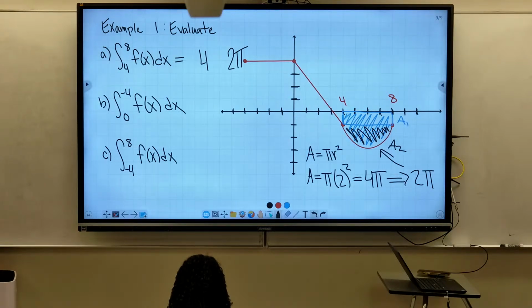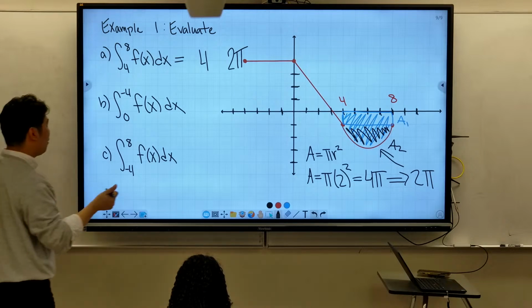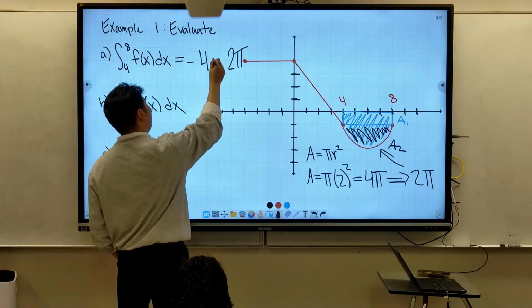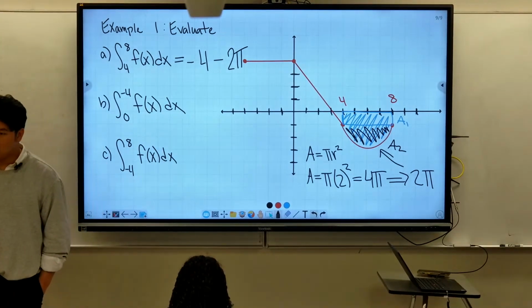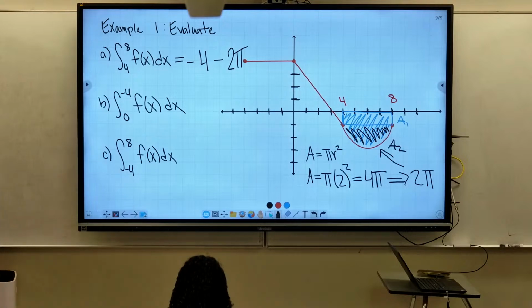So negative. Yeah, both of those areas are negative. That's why I left the space, it's actually going to be -4 minus 2 pi. So whenever we're doing integrals, whenever I take area underneath the x-axis, we're going to call it negative area because it's underneath.